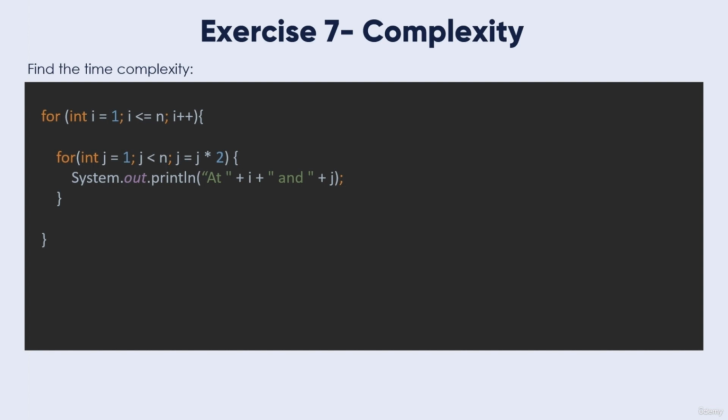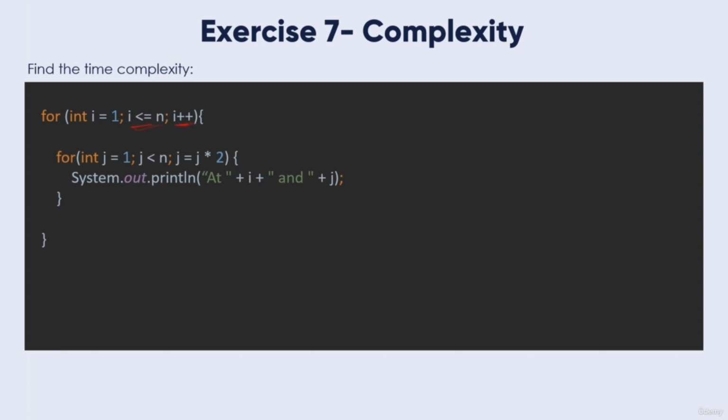We start. We have a for loop here. It starts from I equal to 1 and ends at I less than or equal to n. Okay, and the type of increment is I plus plus.